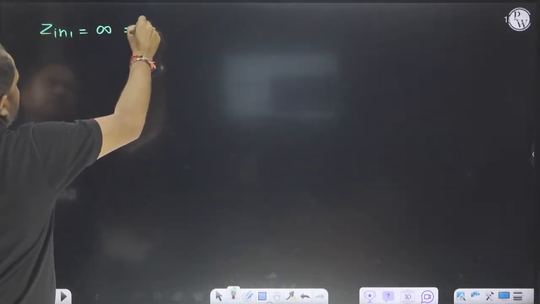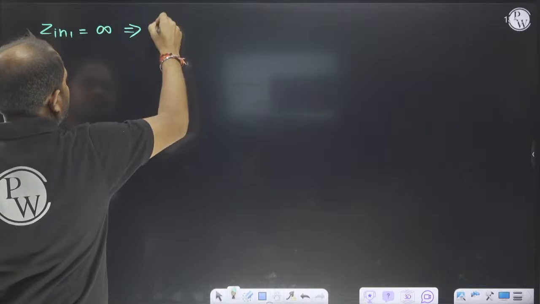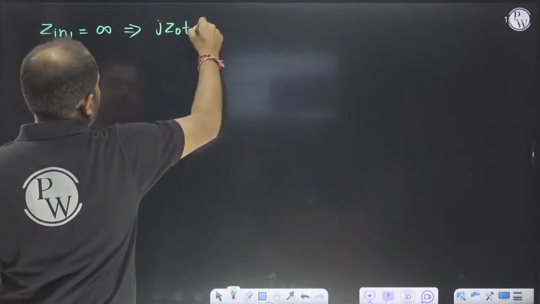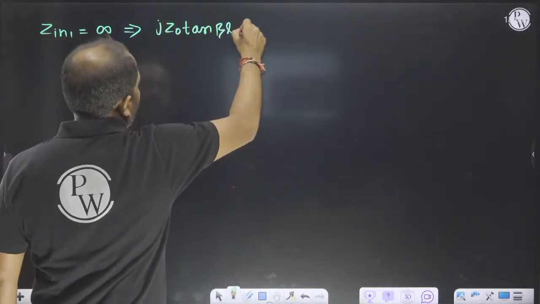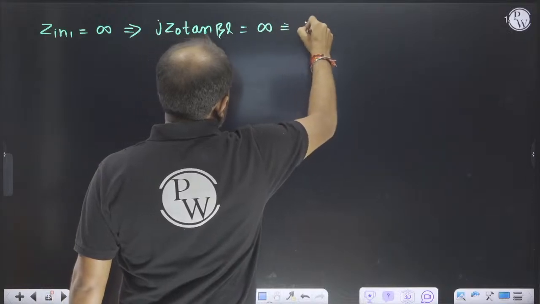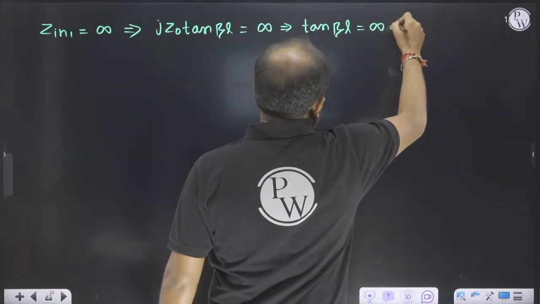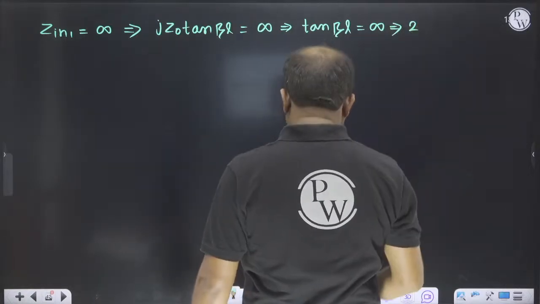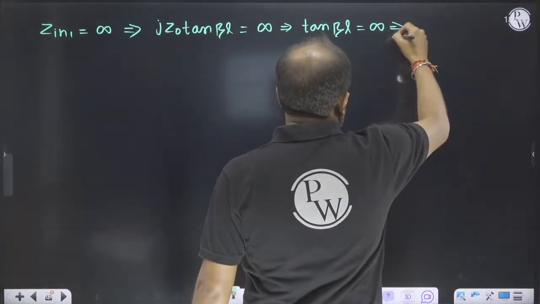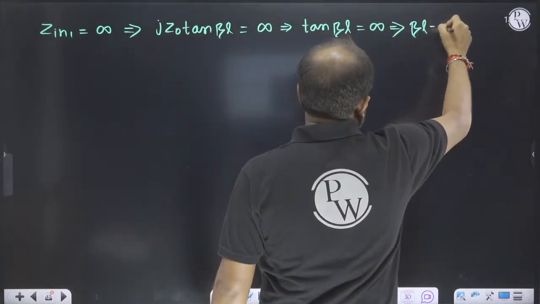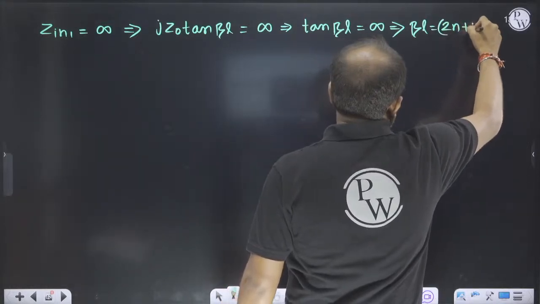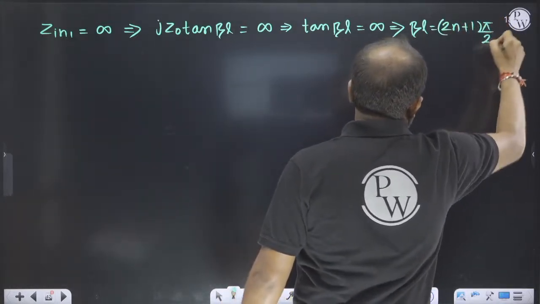So Zin1 should be equal to infinite. Zin1 is jZ0 tan beta L, which should be equal to infinite. That means tan beta L should be equal to infinite. That means beta L should be an odd multiple of pi by 2.